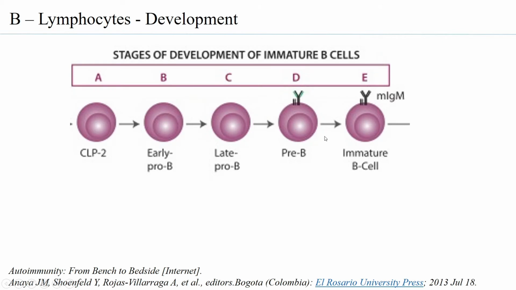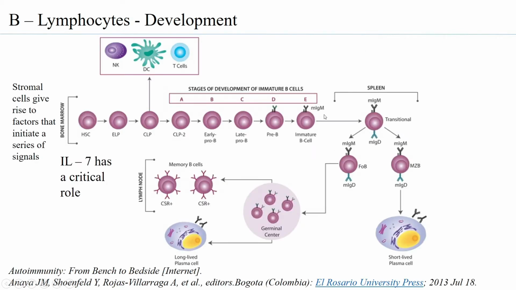Now, before we go into this, from the spleen, one can see that you get several different subsets of the B cells, and the subsets of the B cells further differentiate into terminal B cells that are able to produce antibodies specifically against a particular antigen.